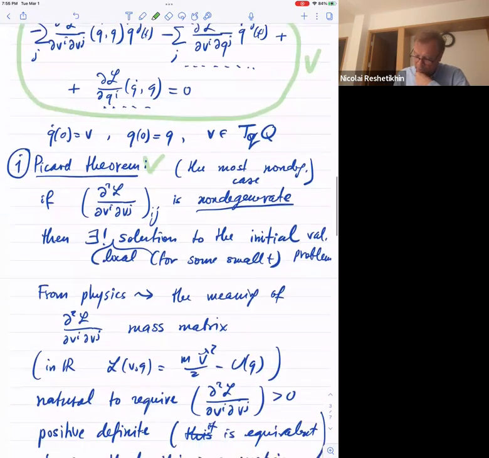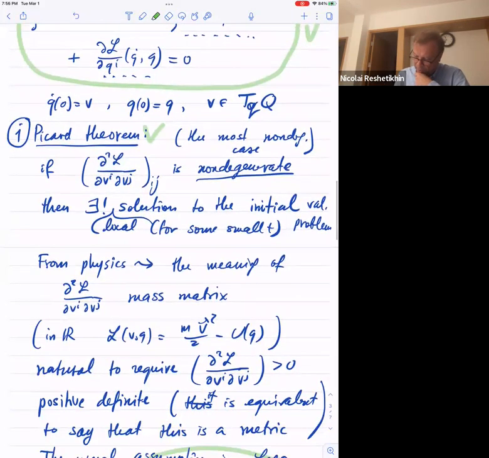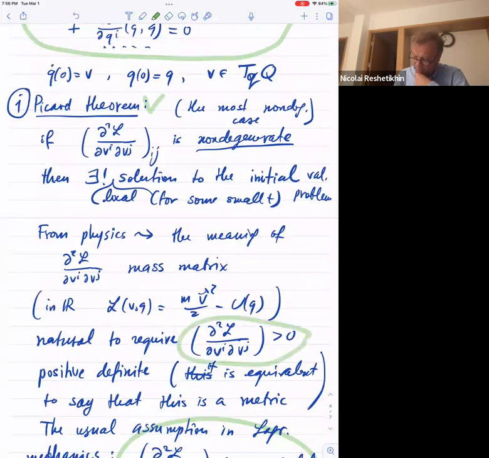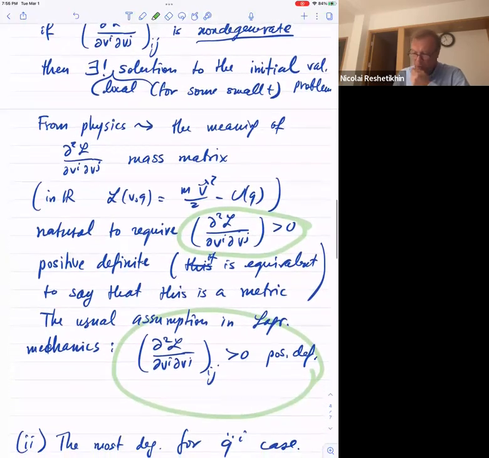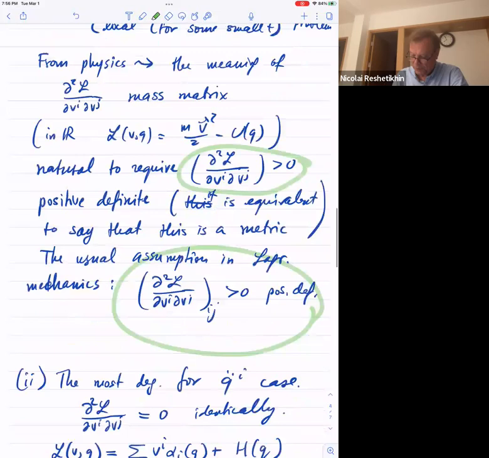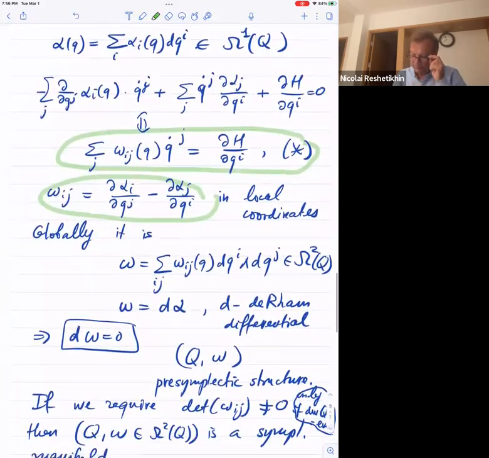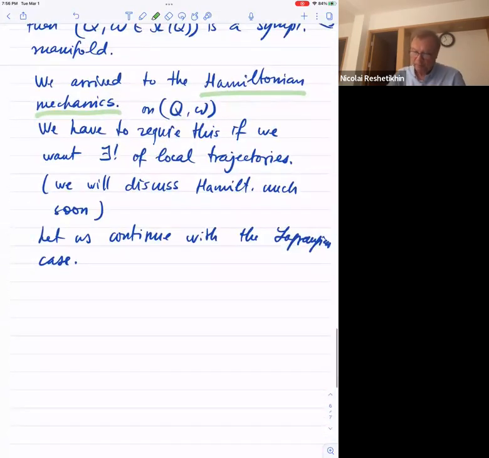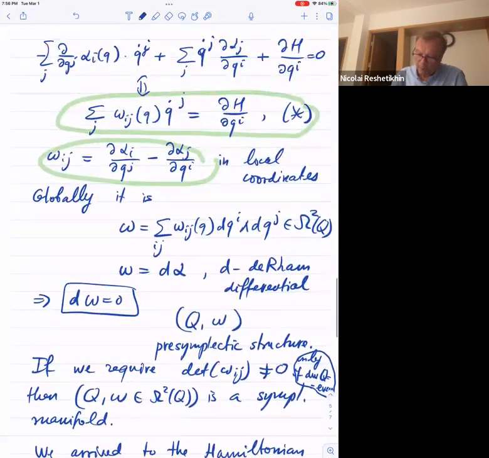They exist and are unique, and we require the positivity. So this is the case that we study. But now we have to set up some boundary conditions. Why do we want to set up boundary conditions?